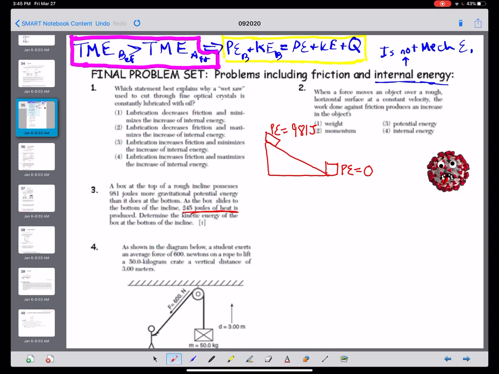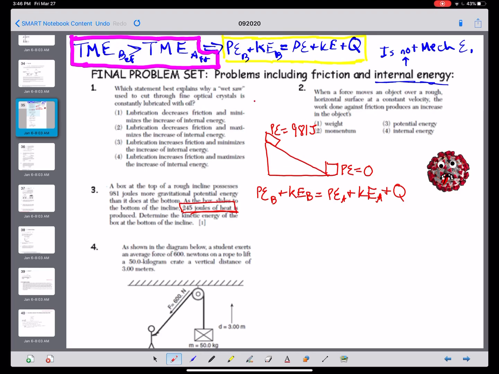Now, we could start with the one highlighted in purple, but I'm going to start with the one highlighted in yellow. I'm going to say PE before plus KE before equals PE after plus KE after plus Q. Now, you saw this 245 joules of heat?